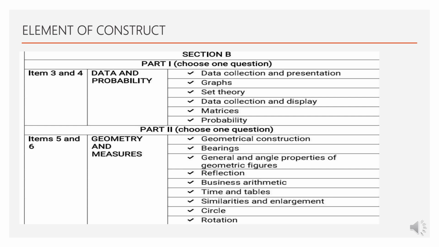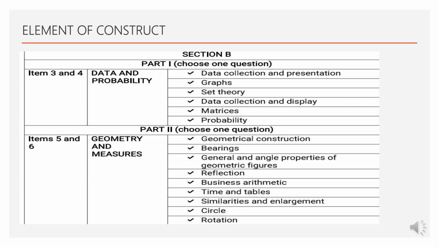Then part 2, we shall have the 2 items, that is item 5 and item 6, that are coming from the theme geometry and measures. Now, to come up with this theme, we have a combination of the following topics. Geometric construction, we teach this in senior 1. Bearings, senior 1.